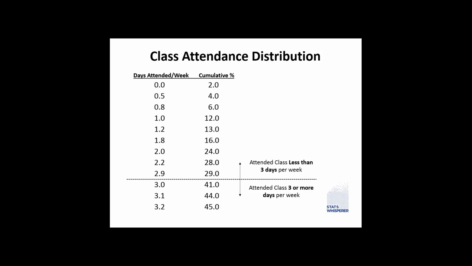It goes from 0, a couple of zeros, 0.5, 0.81, then all the way up to 2.9 and 3.0. So that's the dividing point. Those are people that attended on average 2.9 classes per week, a little below what we're looking at. After the cutoff point, 3, it goes up from there, 3.1, 3.2. That's where we want to categorize these people on either side of this line.